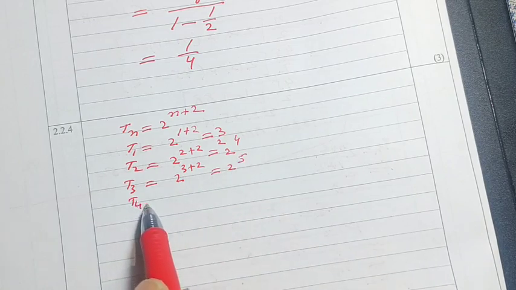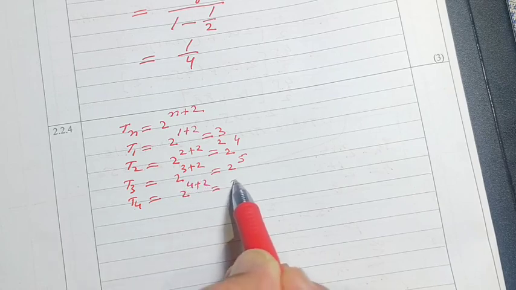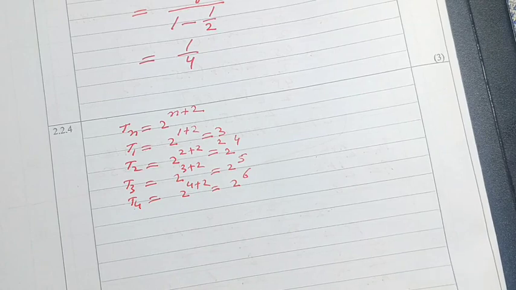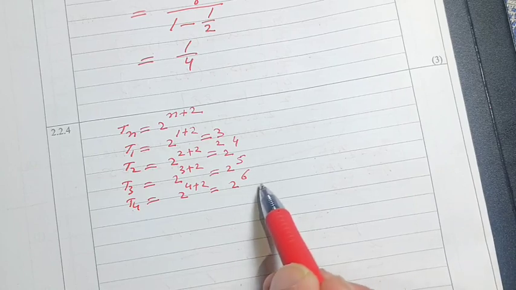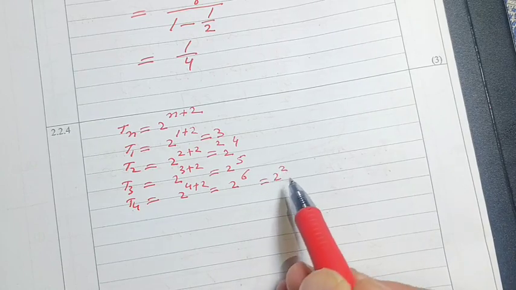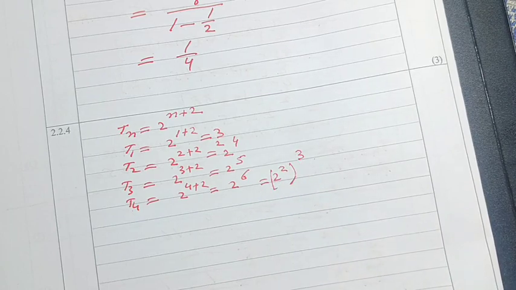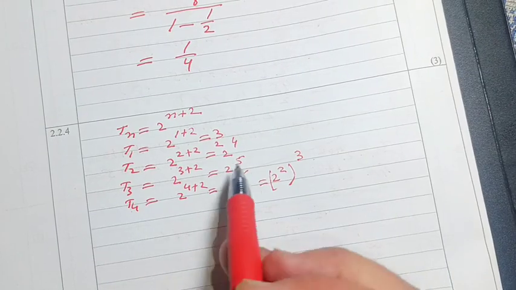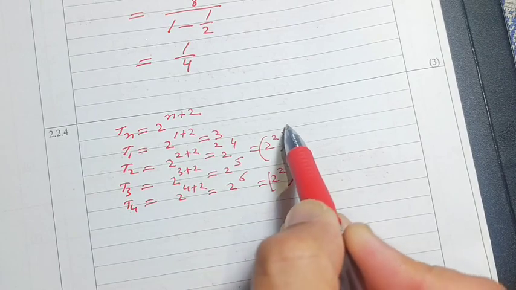If I put T4, it's going to be 2 power 4 plus 2, which is 2 power 6. So now 2 power 6 you can also write as 2 power 2, to the power 3.